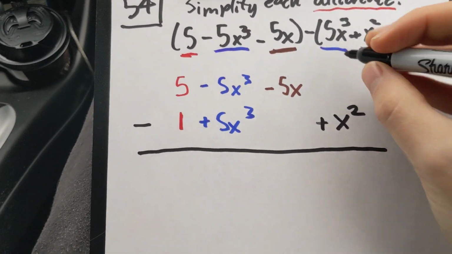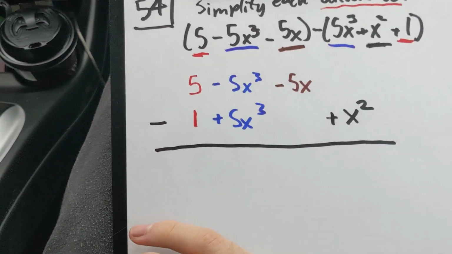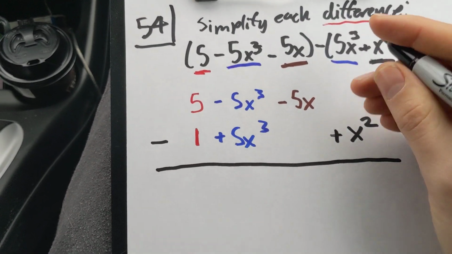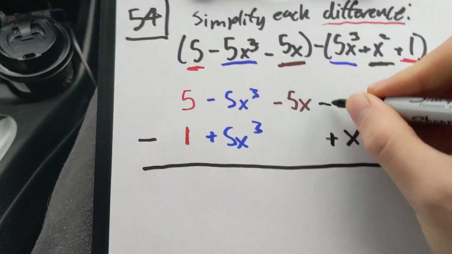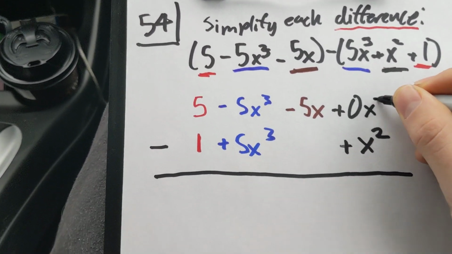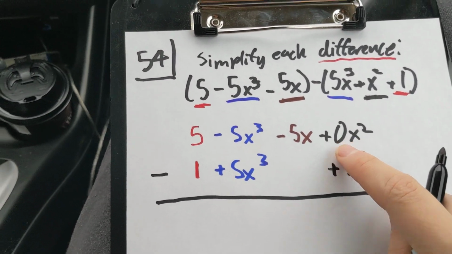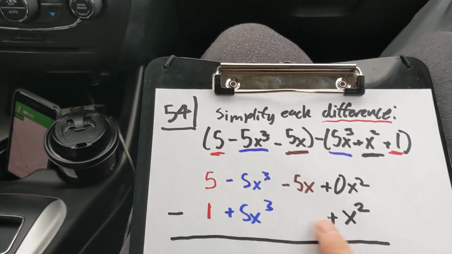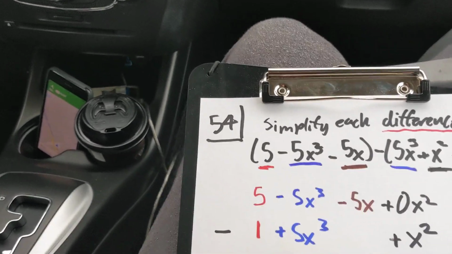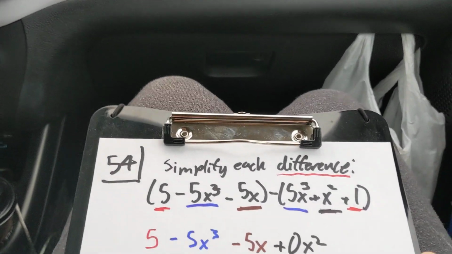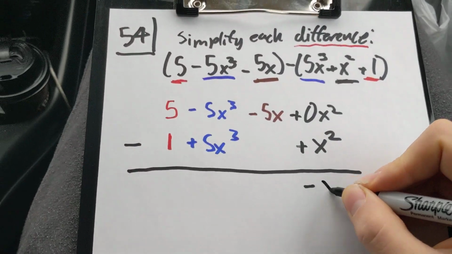So there are no x squared terms in my first polynomial, so that can be written as 0x squared. What is 0x squared minus 1x squared? What's 0 minus 1? 0 minus 1 is negative 1x squared.